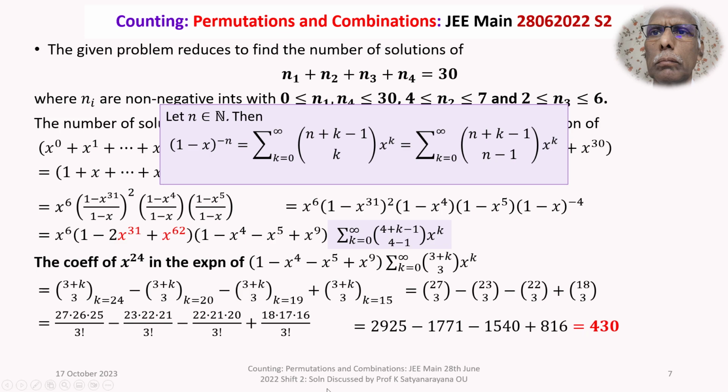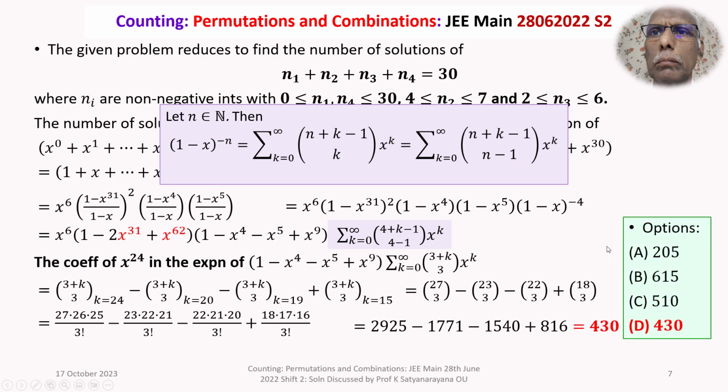That means the number of ways of distributing 30 candies among 4 children with the given constraints is 430. Let's look at our options. Our answer 430 appears against option D, and the answer to this question is option D.